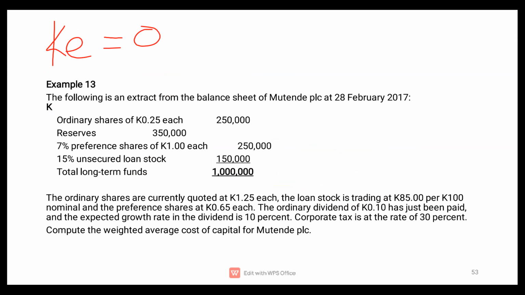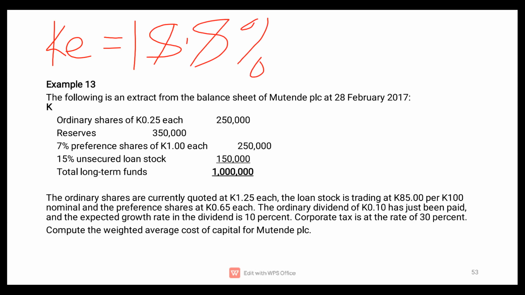Is everyone confirming? You found something like 18. Is it where we found something like 18? Yes, we had found 18.8, isn't it? 18.8. Yes, we had found 18.8%.